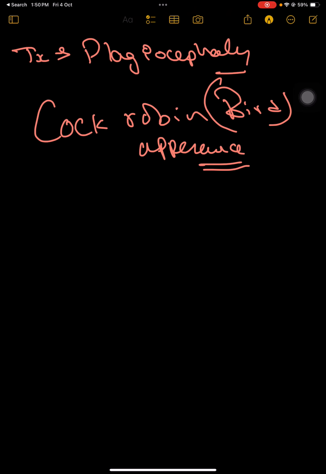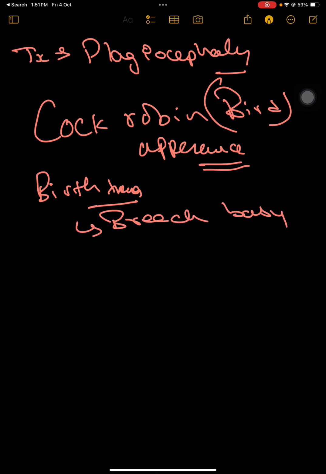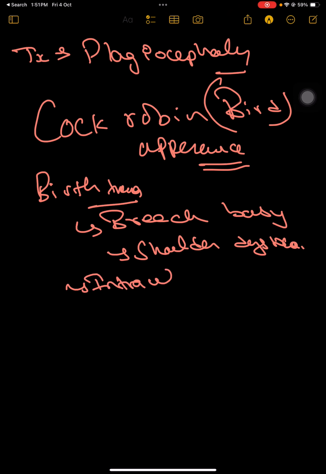Now what you need to remember is the birth trauma. It happens due to a breech baby, or it might be due to shoulder dystocia, or it might be due to an intrauterine packaging defect. So what happens in this one, intrauterine packaging defect?